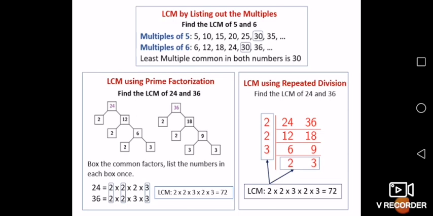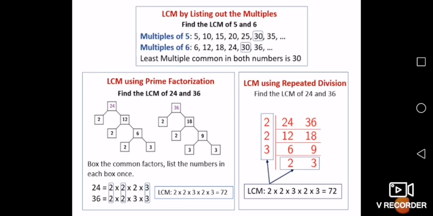Now these are the three methods to find LCM. In class 4 you have done the multiples method, that is writing multiples of the given numbers, encircling the common multiples, and then writing the least common multiple among all the common multiples.